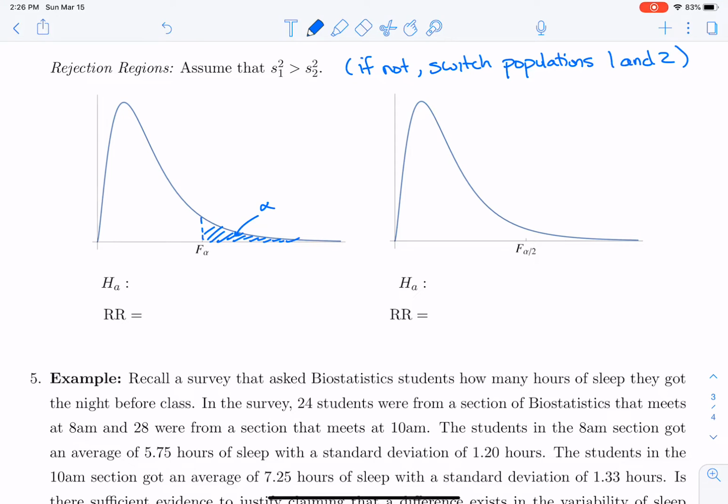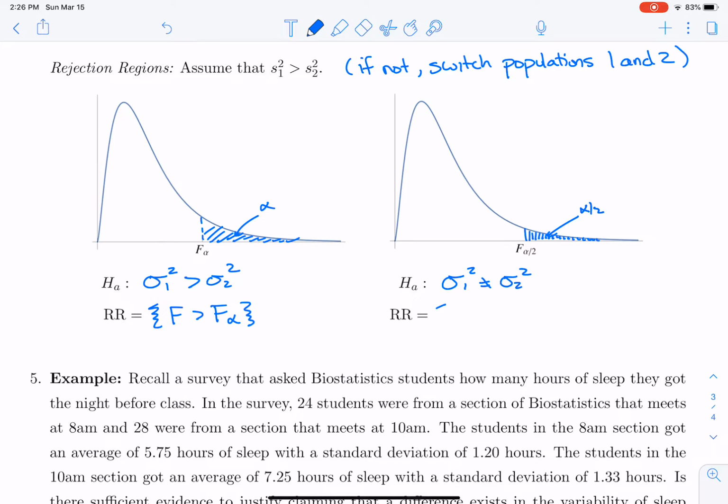And so for the one-sided alternative, we will do sigma 1 squared greater than sigma 2 squared. And the rejection region in that case is F greater than F sub alpha. And if we do the two-sided alternative, sigma 1 squared not equal to sigma 2 squared, we still end up in the upper tail of the distribution, but now in the upper tail where we have alpha over 2.